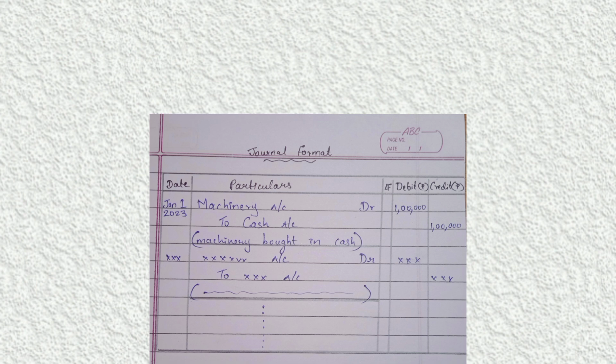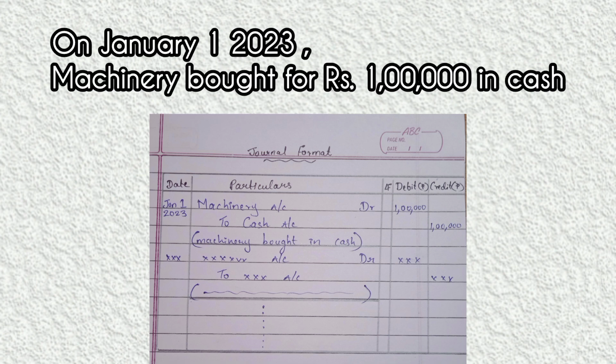So I am giving you a problem. On January 1, 2023, machinery was bought for rupees 1 lakh. That's it, simple. So how will we write it in the journal? We have the date, January 1, 2023, written in the date column.